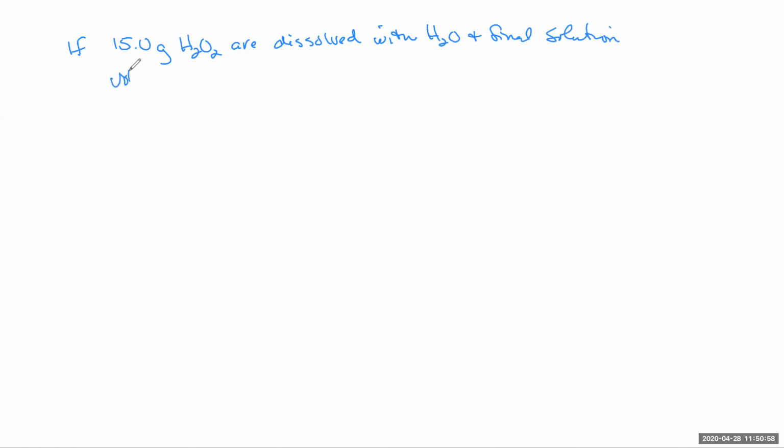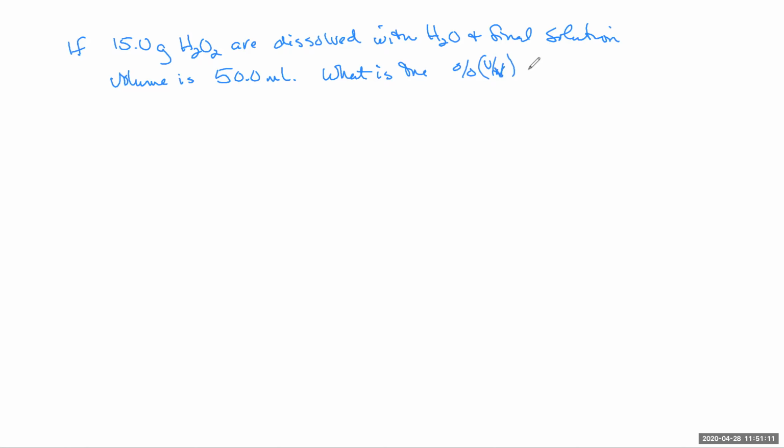Here's our first sample problem. If 15.0 grams of hydrogen peroxide are dissolved with water, and the final solution volume is 50 milliliters, what is the percent volume to volume?